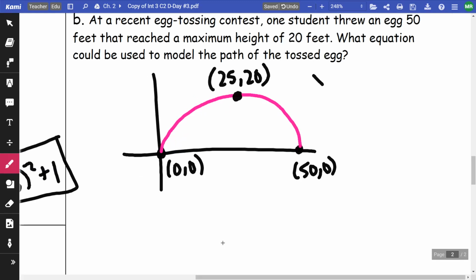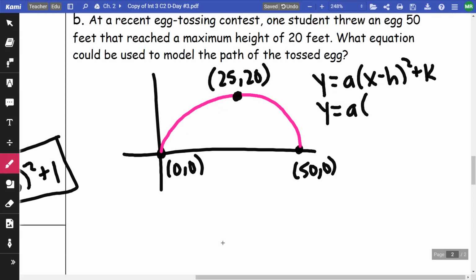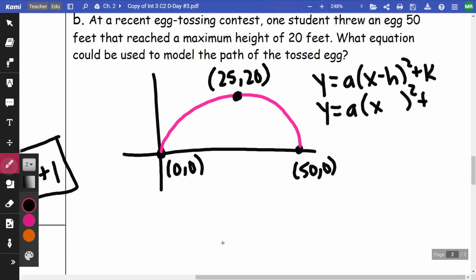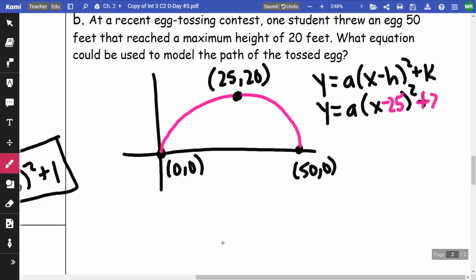So my equation is going to be y equals a times (x minus h) squared plus k. So I'm going to have, in place of my h and my k, a minus 25 and a plus 20.